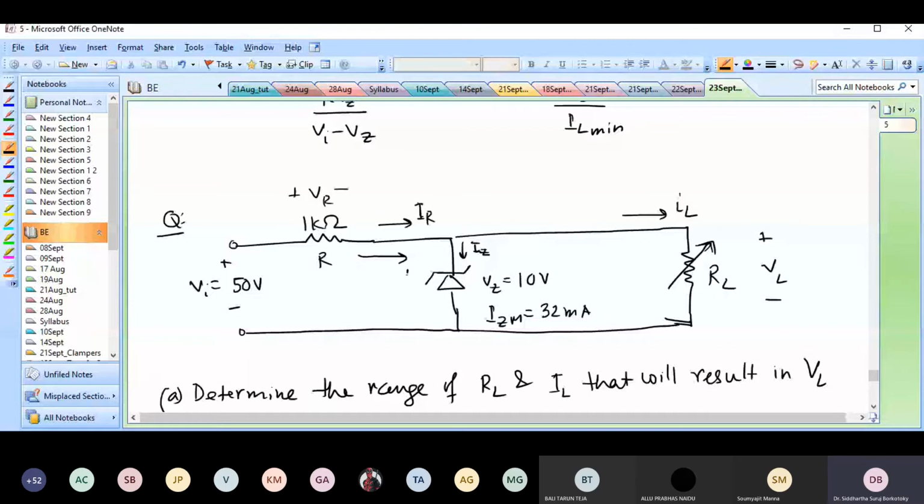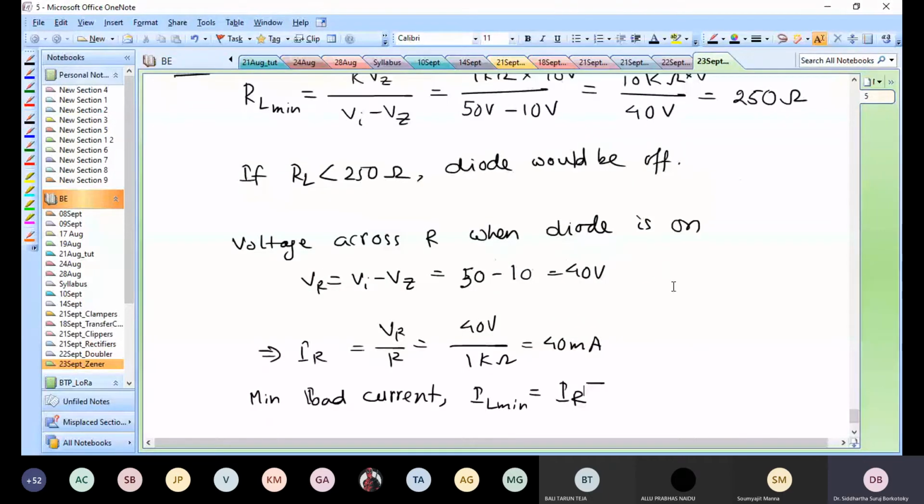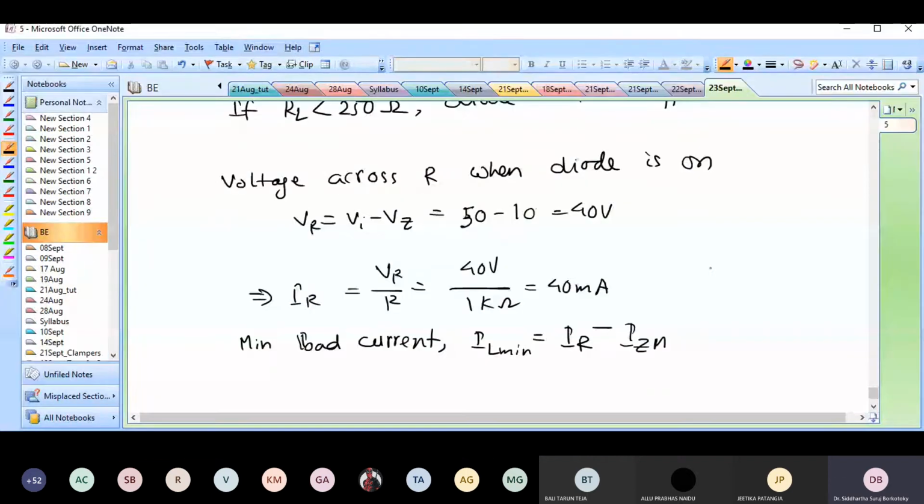Then some current flows through this Zener diode, and the rest flows to the load. If the Zener current is maximum, then my load current is minimum, as we have just discussed. So the minimum load current would be IR minus IZM. So what is IZM?